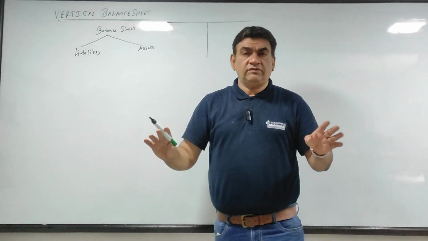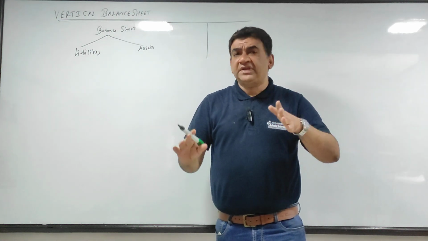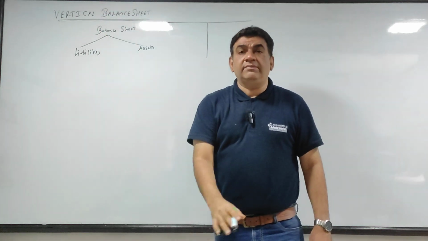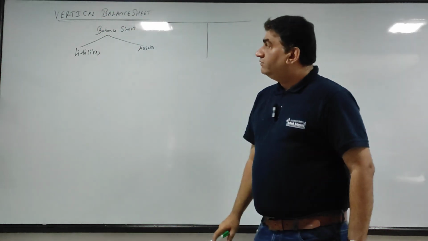So there is first of all no debit credit. It is just a statement where all the items are put one below the other. Now listen, what will come in a vertical balance sheet?